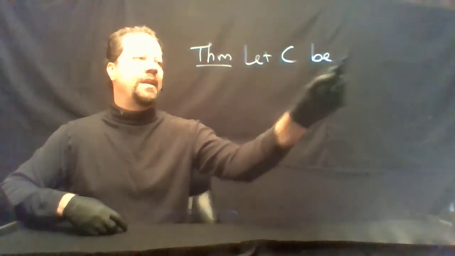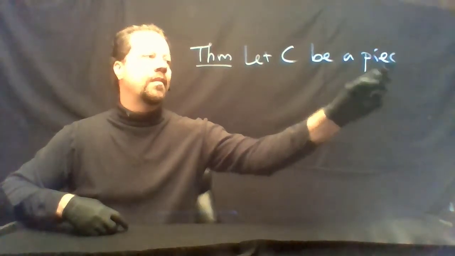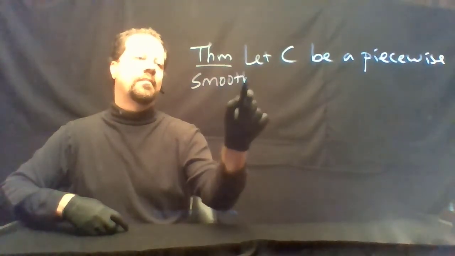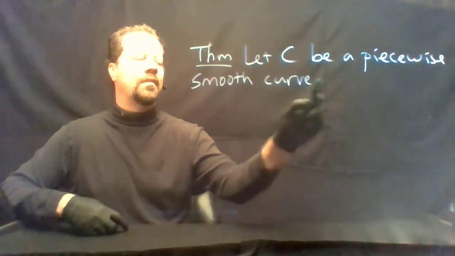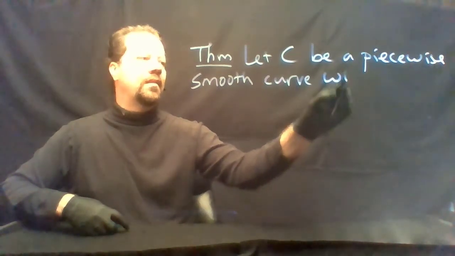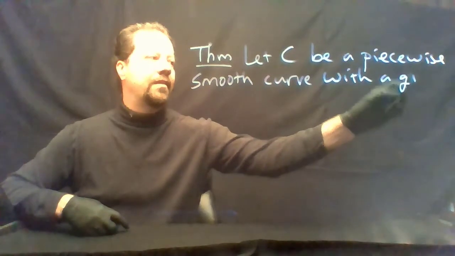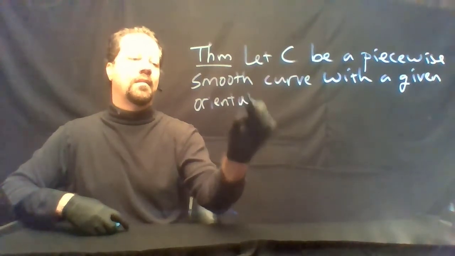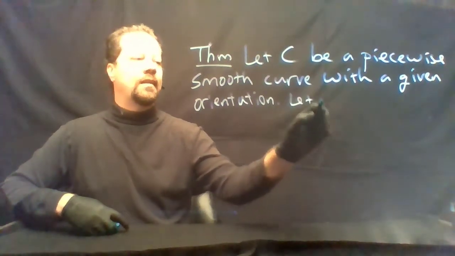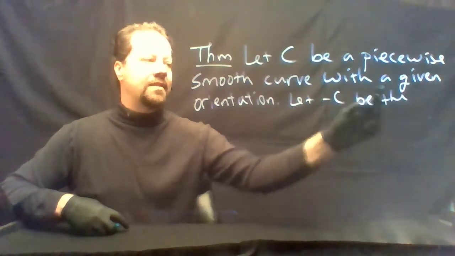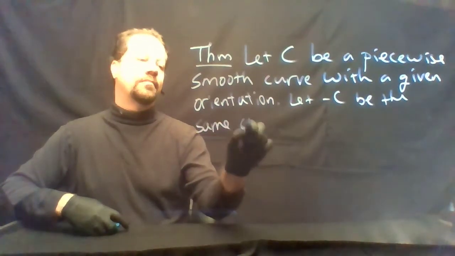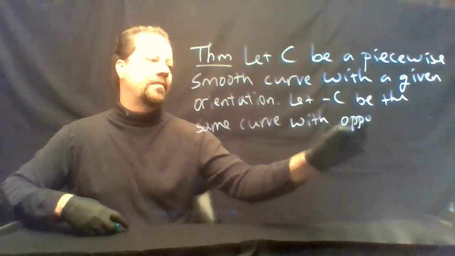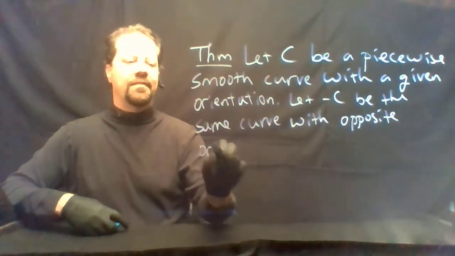Let C be a piecewise smooth curve with a given orientation. Let minus C be the same curve with opposite orientation.